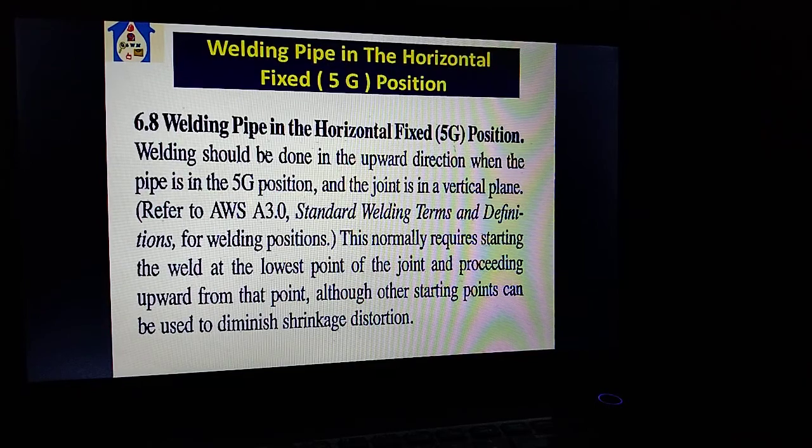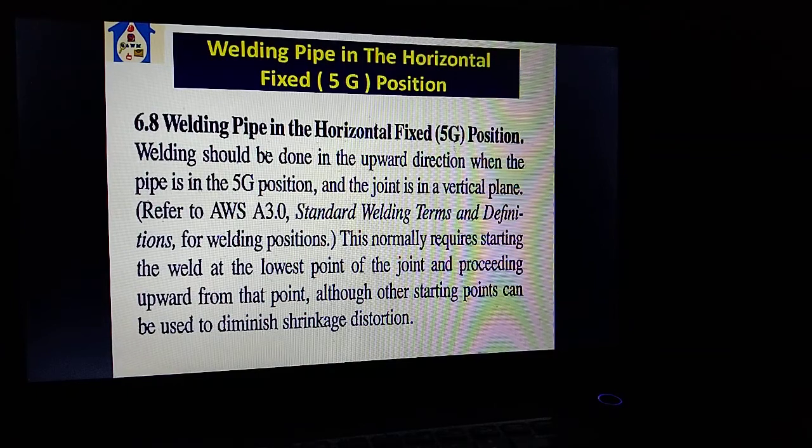Welding pipe in the horizontal fixed position. Welding should be done in the upward direction when the pipe is in the 5G position and the joint is in a vertical plane. Reference the AWS standard welding terms and definitions of welding positions.